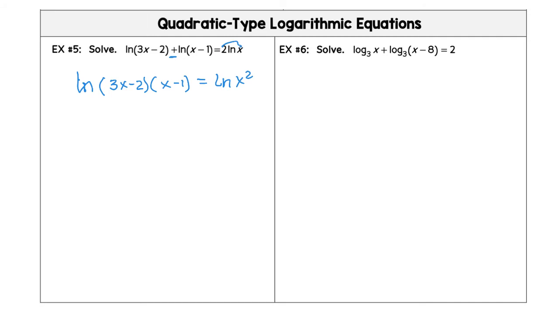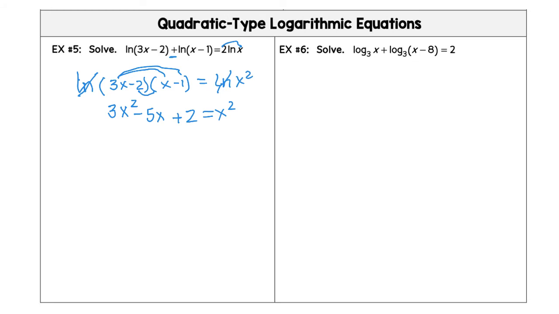So now we can pretty much cancel out those natural logs, and we're just going to deal with the algebra. And we'll have to FOIL this out, so we're going to have 3x squared, and then we're going to have negative 3x minus 2x, so that's minus 5x. And then we're going to have plus 2, and that's all equal to x squared.